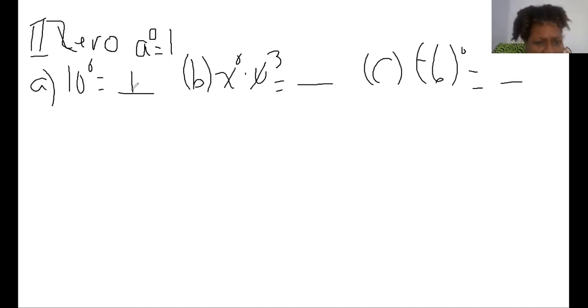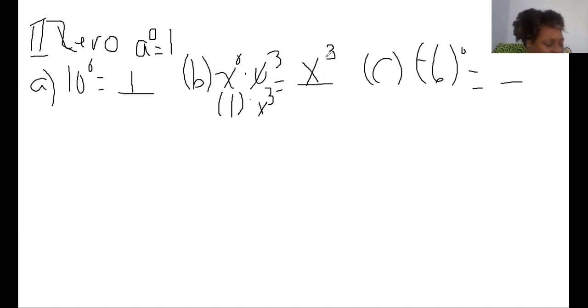Here at B model, we have x to the 0 power times x cubed. So once again, first, x to the 0 power will be 1. So what I actually have now is 1 times x to the third power. And that result will be x to the third power.